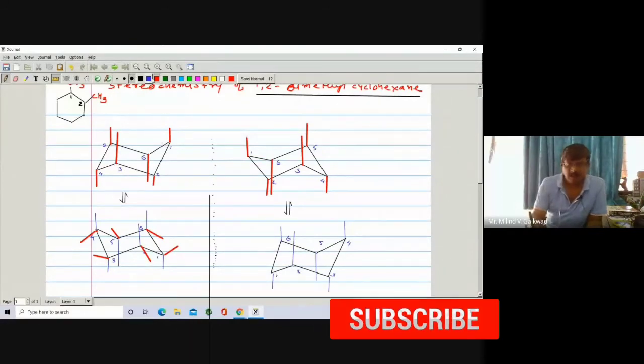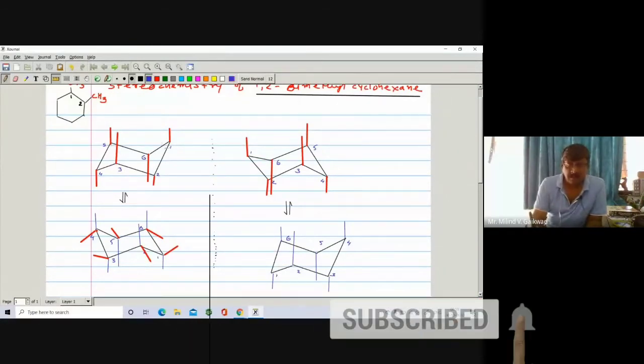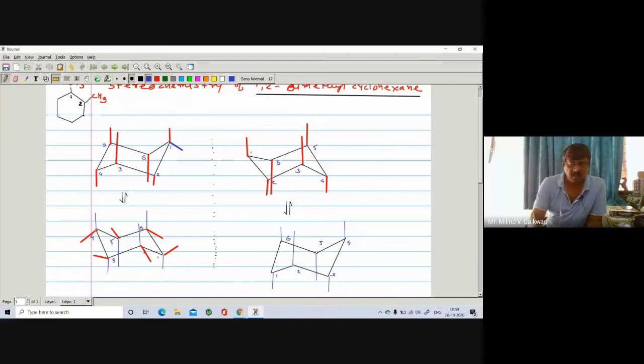So similarly, we can draw the other bonds. Here, this is parallel to this bond. This is parallel to C3, C4. This is parallel to C5, C6. No, C4, C5.